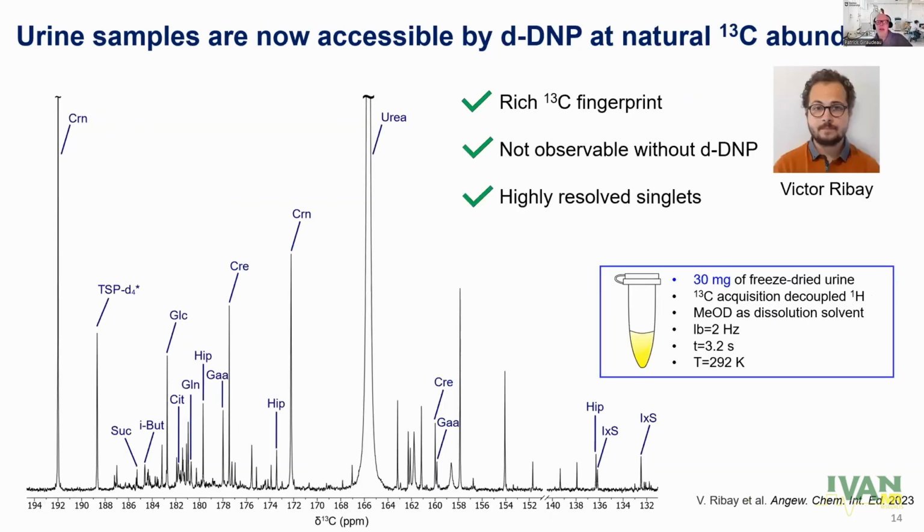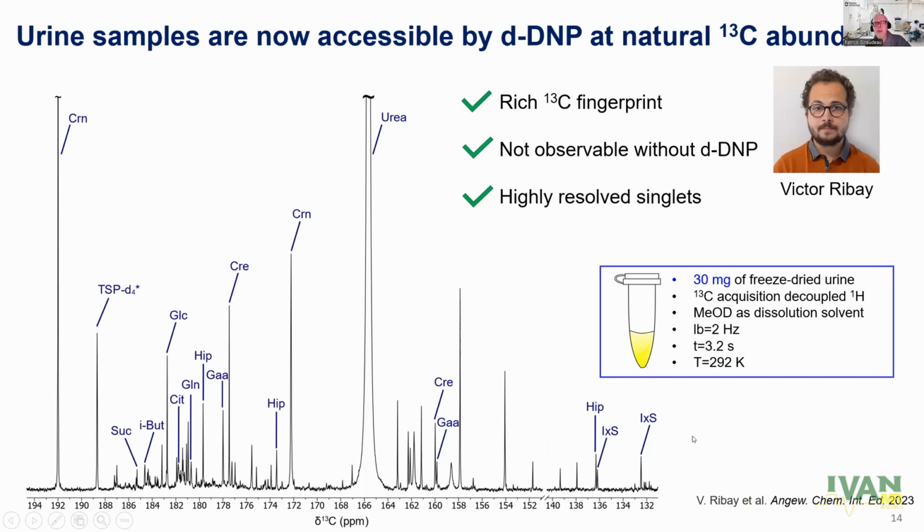And then came Victor Ribet, a PhD student in the team who defended his thesis in December. Victor was the first to show that we can record hyperpolarized C13 spectra on biofluids at natural abundance and in a single scan.